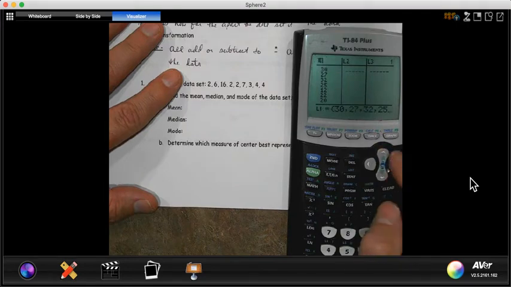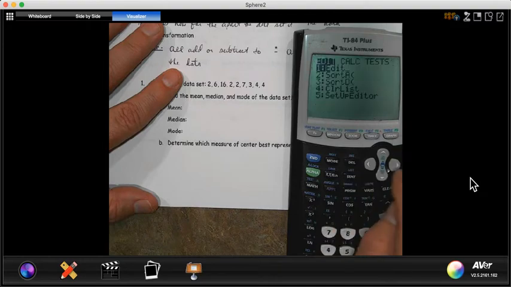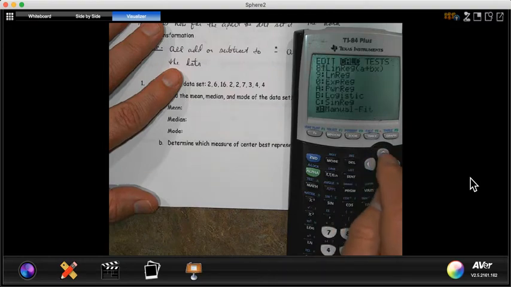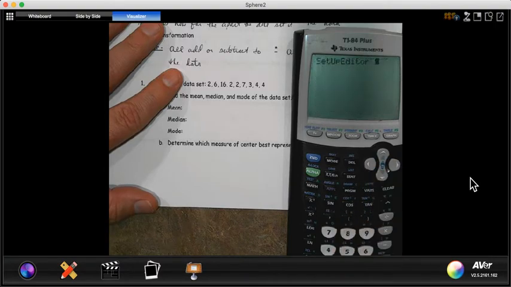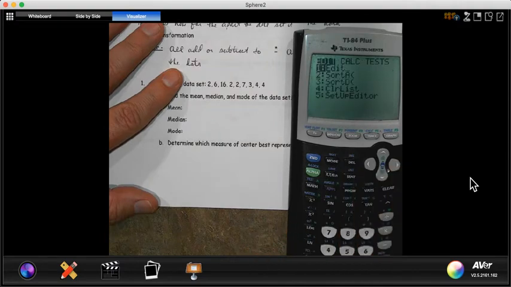If you have a list, you go up to the list and you hit Clear, not Delete, and then come back down. If you ever lose your L1, go to Stat, Edit, Setup Editor, and hit Enter and Enter, and then your L1 will be back.